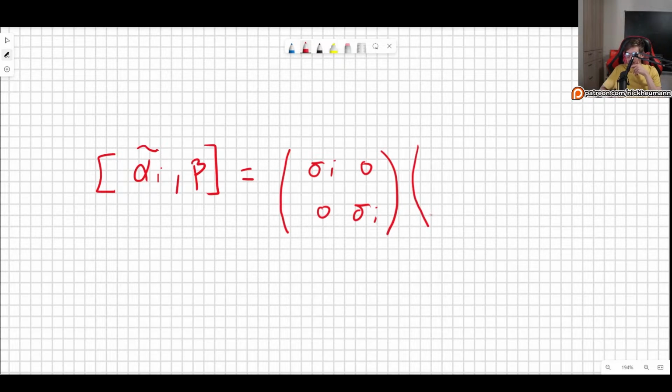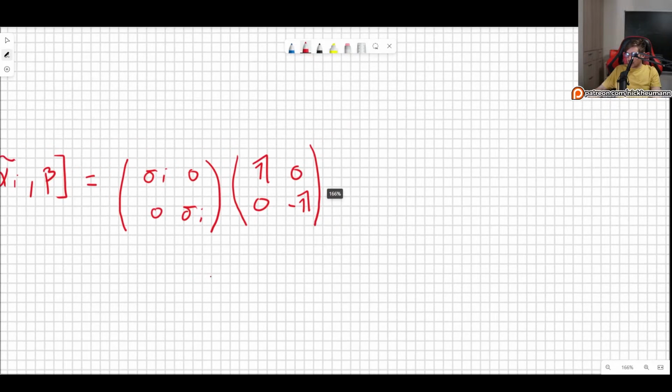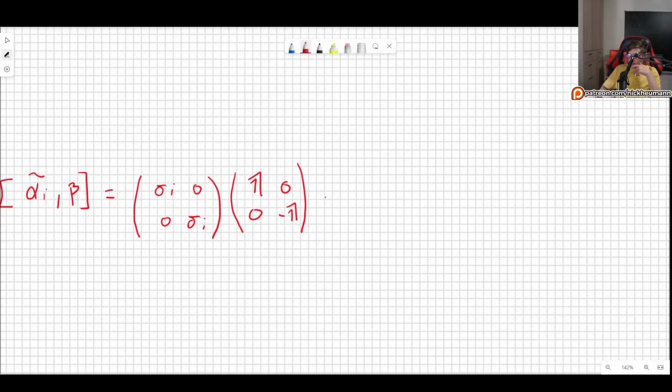I guess you could use other representations, but in this representation, we defined them as unity matrix, 0, 0, minus unity matrix. And of course, now we need to subtract the other way around: 1, 0, 0, minus 1, and then sigma I, 0, 0, sigma I.